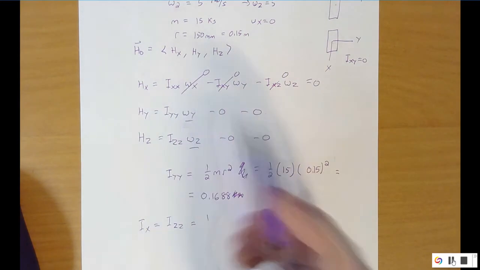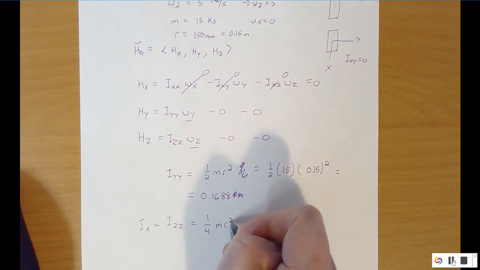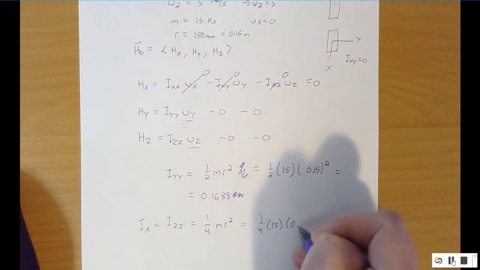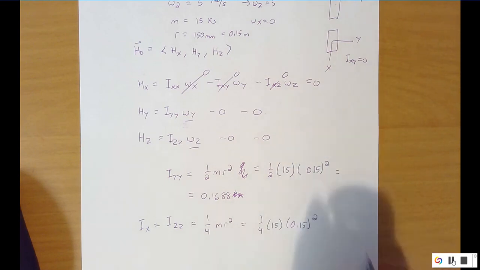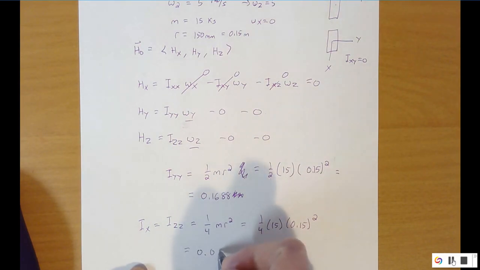Anyway, 1/4 mass radius squared. You plug in your numbers. 1/4, 15, 0.15 squared. So it should just be half of that number. And that is 0.08438.